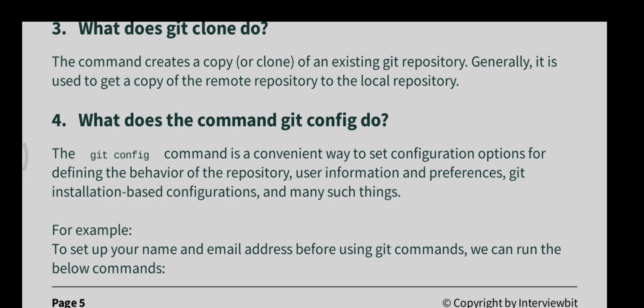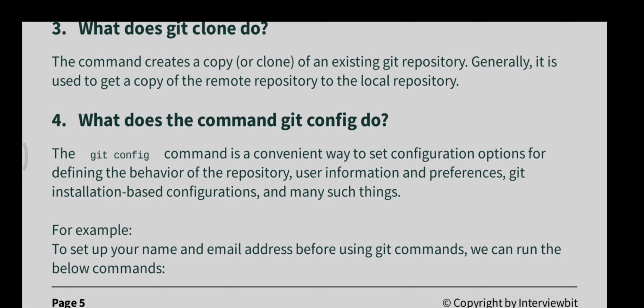Fourth one, what does the command git config do? The git config command is a convenient way to set configuration options for defining the behavior of the repository, user information and preferences, Git installation based configurations, and many such things.